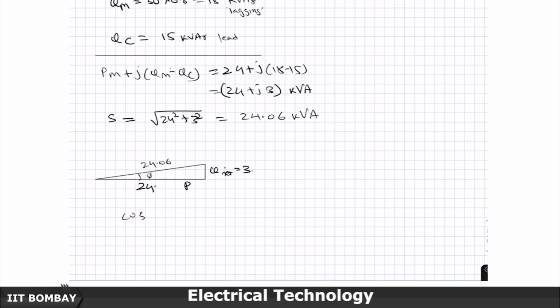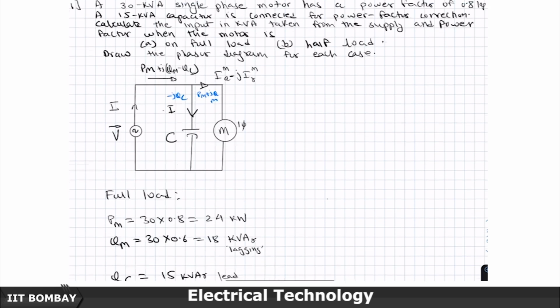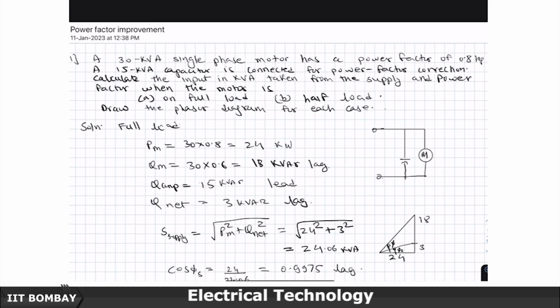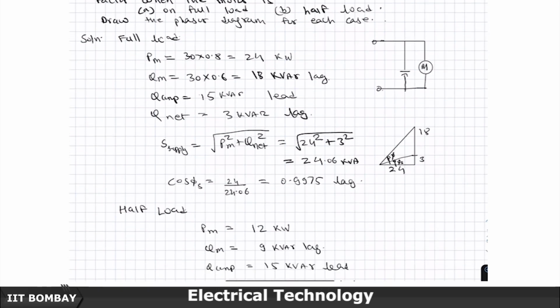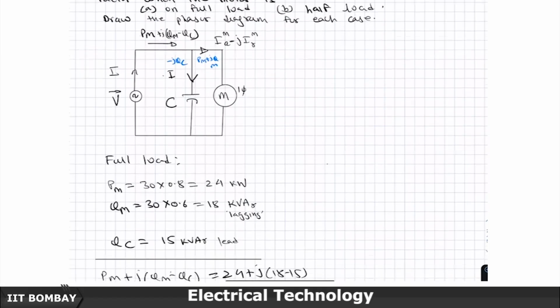So, cos of phi will be base divided by hypotenuse, which is 24 divided by 24.06, and that number is going to turn out to be 0.9975.